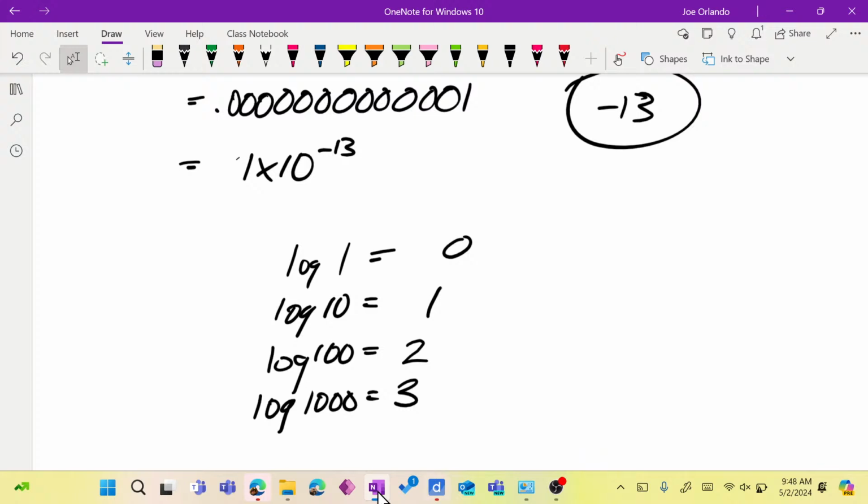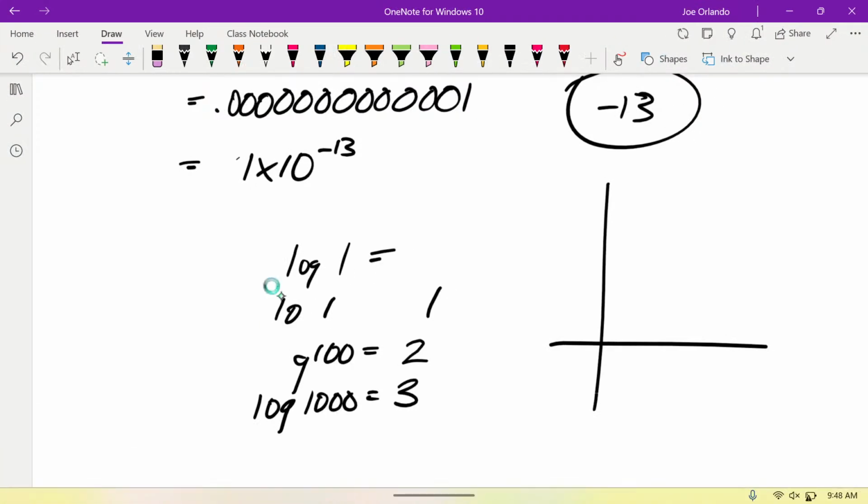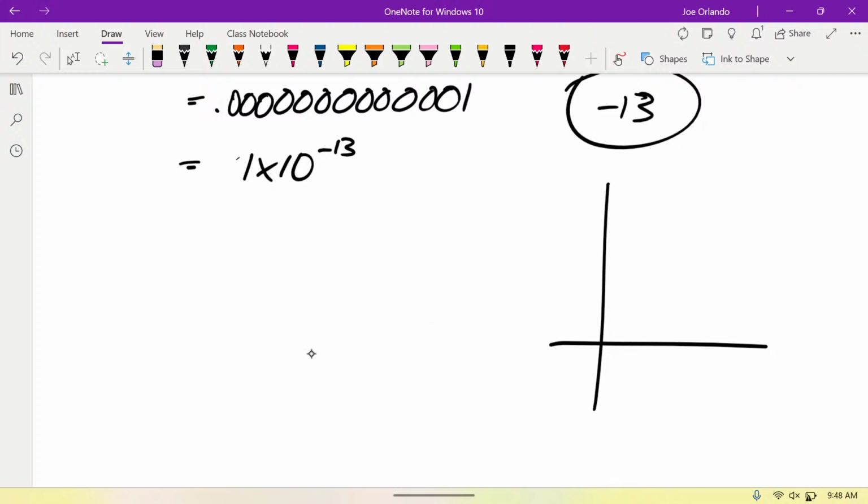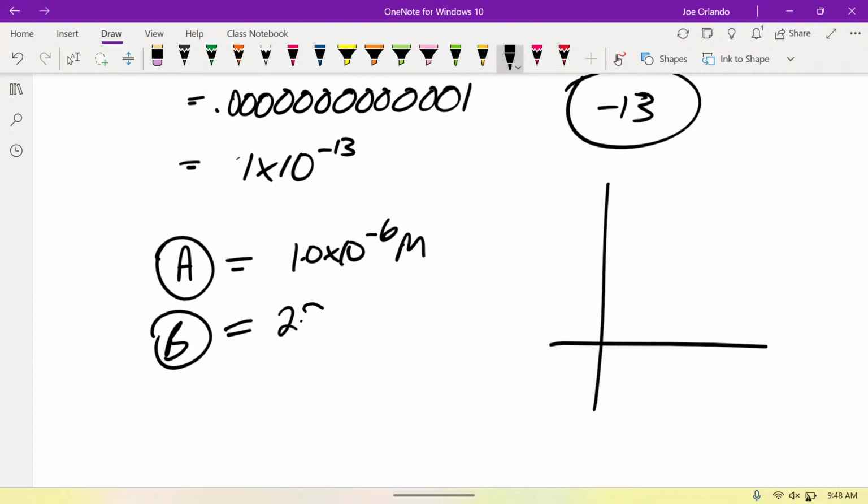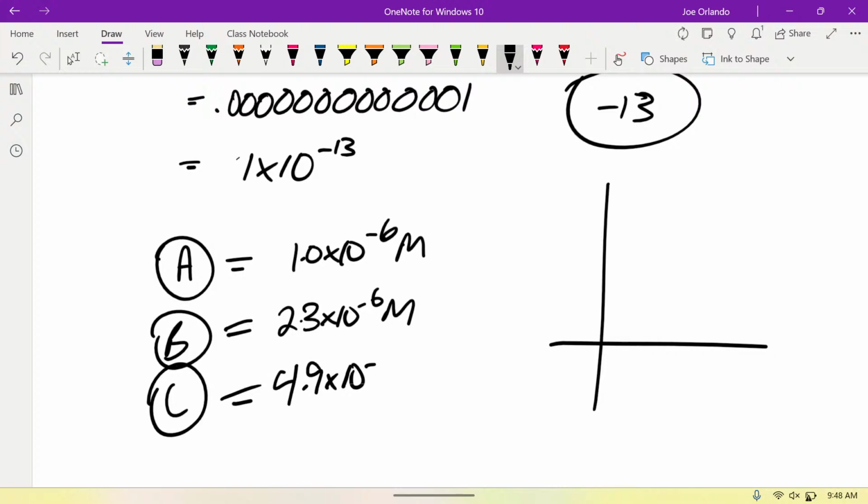But in other words, if I had a bunch of acid concentrations, so here's solution A, and the concentration there is 1.0 times 10 to the negative 6 molar. And I have B, and it's 2.3 times 10 to the negative 6 molar. And then I have C, and it's 4.9 times 10 to the negative 6 molar.